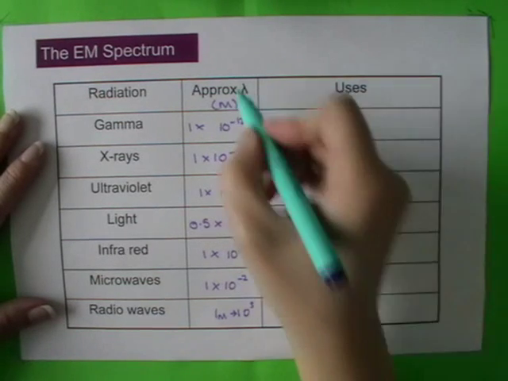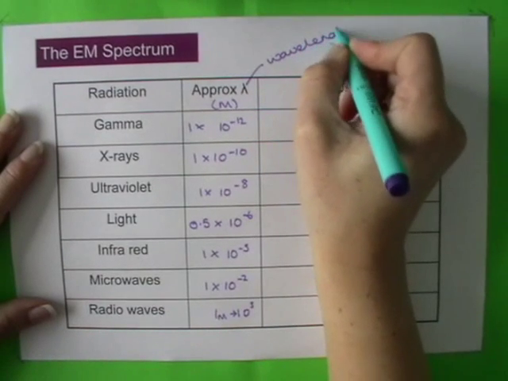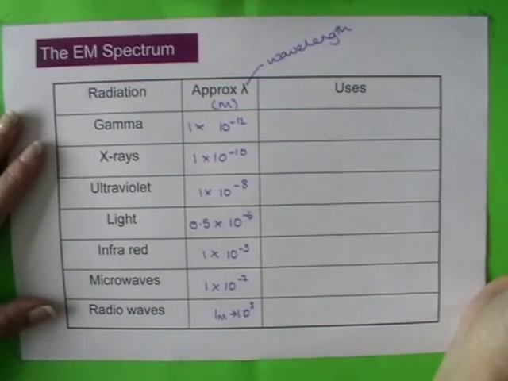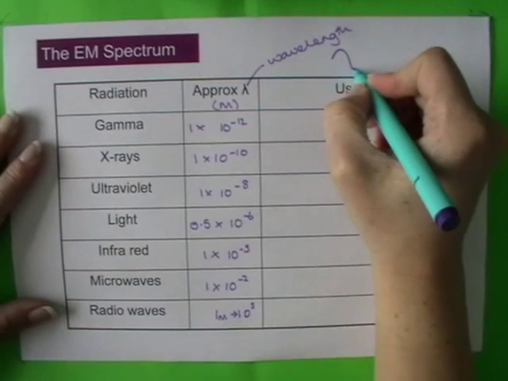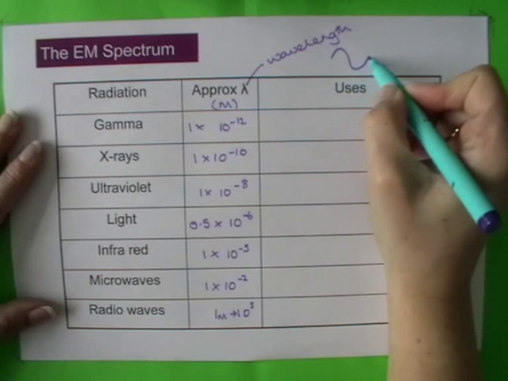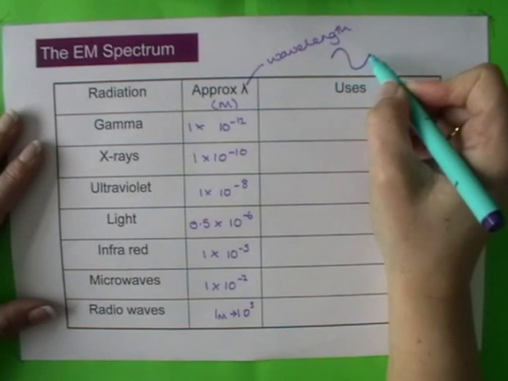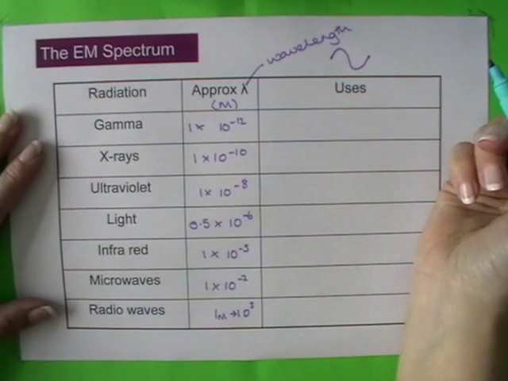Now what does this mean? Well, let's remind ourselves lambda is wavelength. And what does the term wavelength mean? It's the length of one complete cycle. For example, if we use the sine wave as an example, that one complete cycle, the wavelength, is from the starting position to the finishing position.